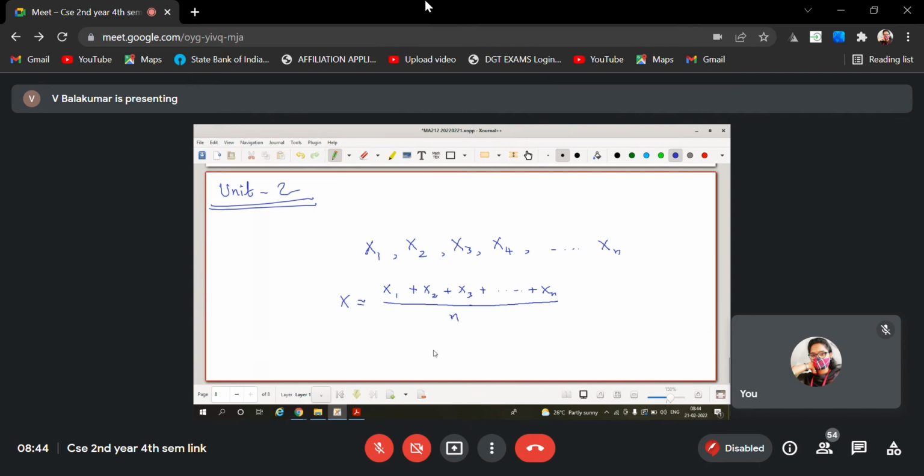This capital X is my new random variable, because the value depends on these random variables. I'm asking you what is the probability distribution of my new random variable. This is our discussion today.